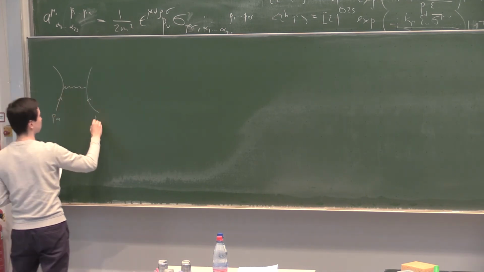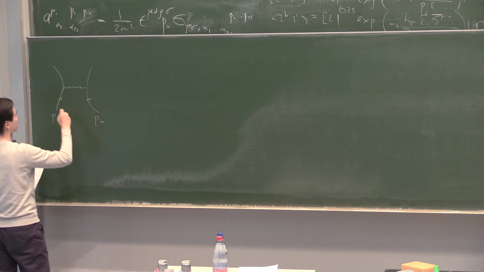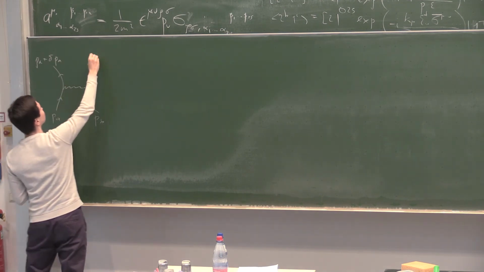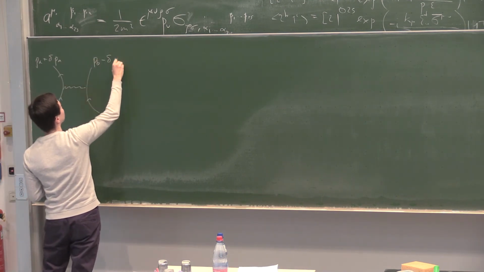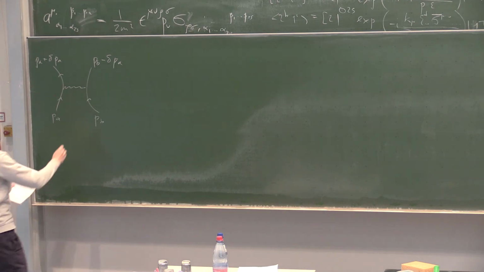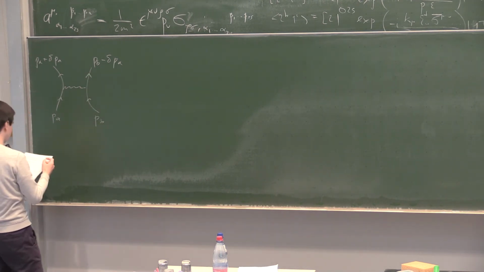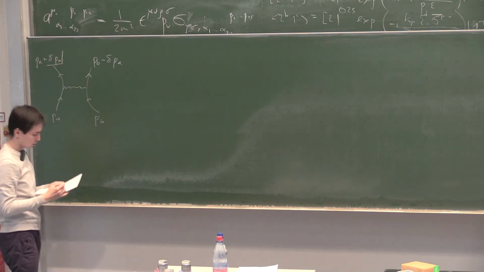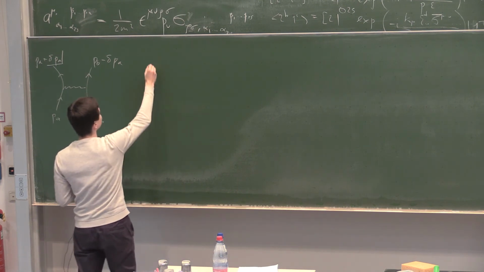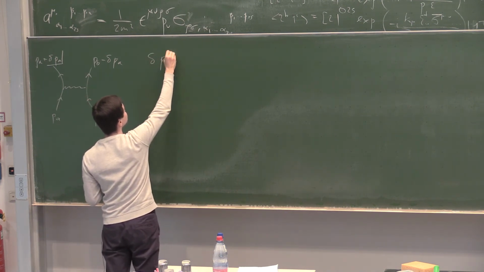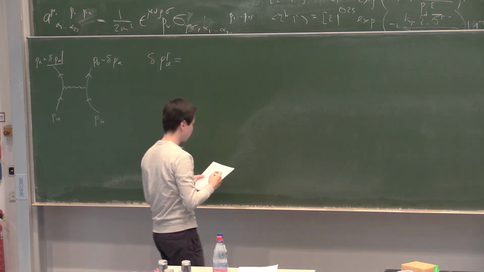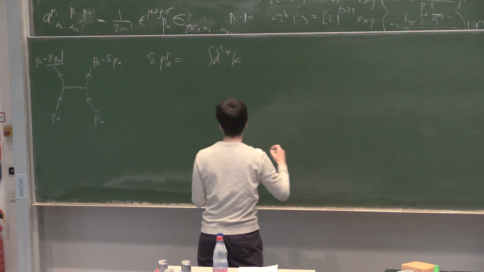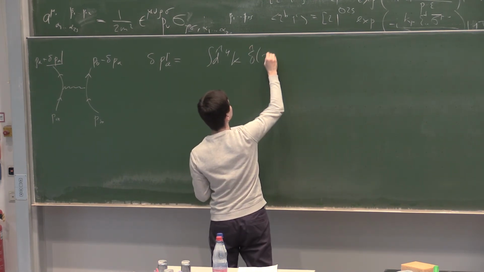PA comes in, PB comes in as well, and PA plus delta PA comes out, and PB minus delta PA comes out by conservation. This is one of the observables that one can define in quantum field theory, and then take the classical limit. And there's a formula for it. Let me write it first.